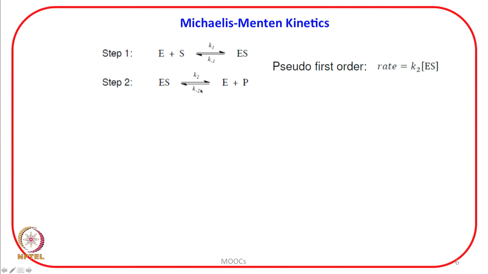Keep in mind that K minus 2 is much smaller than K2, that means the reverse reaction can essentially be ignored and only the forward reaction be considered.